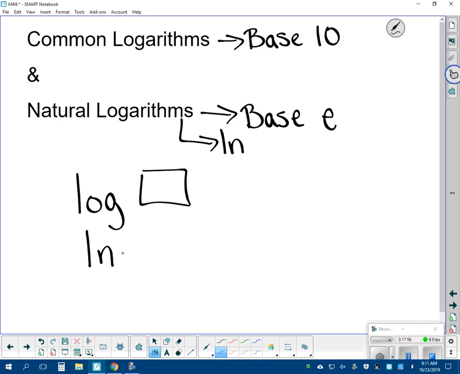Again, we know that a natural log has a base e. So what I'm saying is that log base e of x is equivalent to ln of x. Okay? And if you see a log written without a base, like this, that actually means the base is 10.